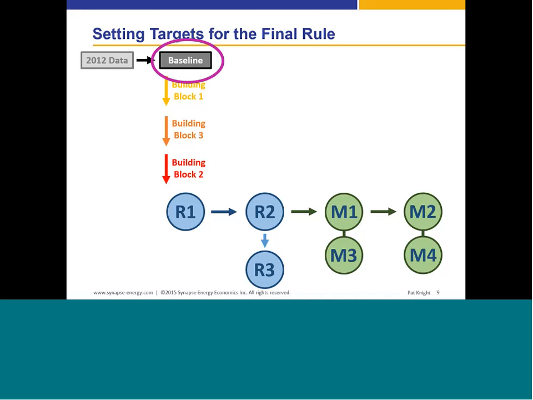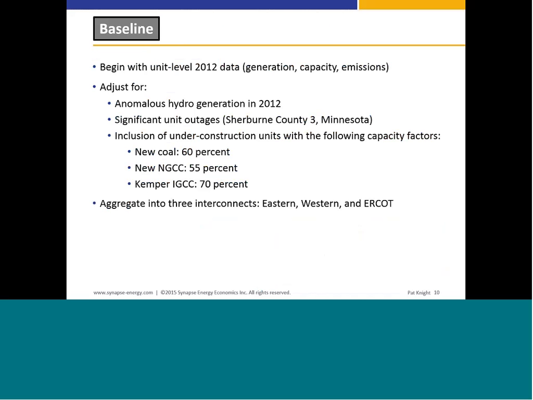First, I'll start off by talking about the baseline. Again, EPA starts with unit level 2012 data on generation capacity and emissions, and to turn it into the baseline, EPA adjusts for things like anomalous hydro generation. They adjust for significant unit outages in some cases, and they adjust for the inclusion of new under construction units.